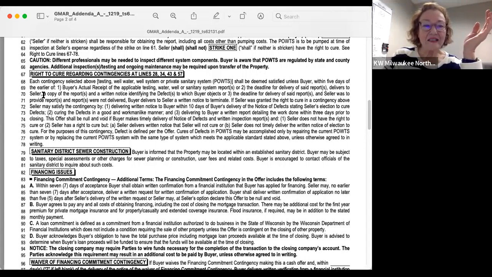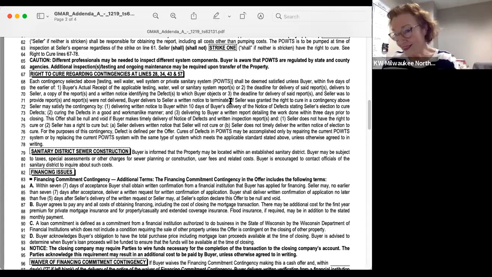He then delivers to the seller a copy of the report, number one, and a written notice identifying the defects to which he objects, or the deadline of the delivery of the report the seller was to provide has passed and the reports were not delivered. Buyer delivers to seller a written notice to terminate.